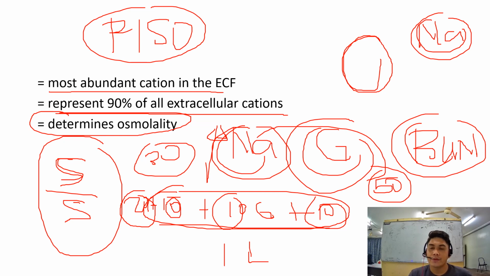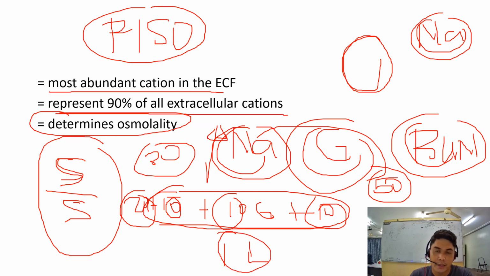So the body will try to maintain homeostasis in osmolality. The compensation mechanism of the body is to adjust this.